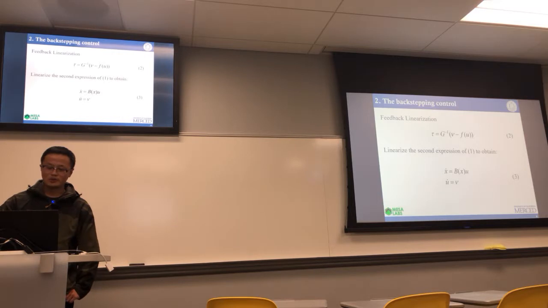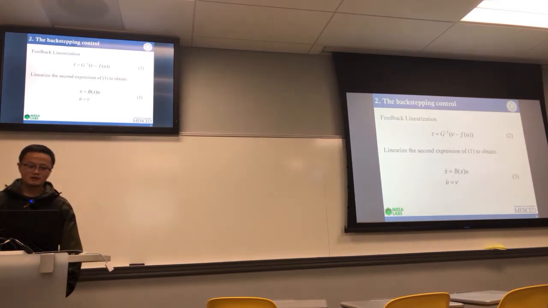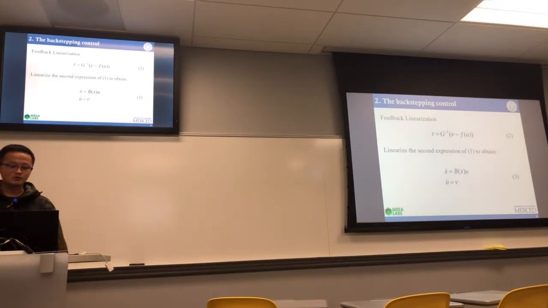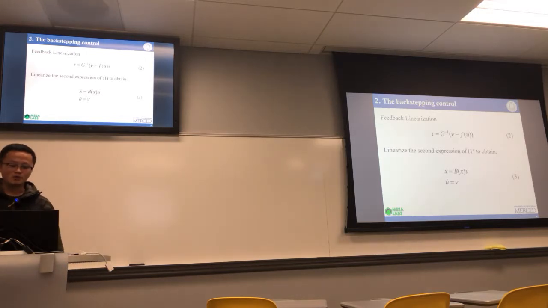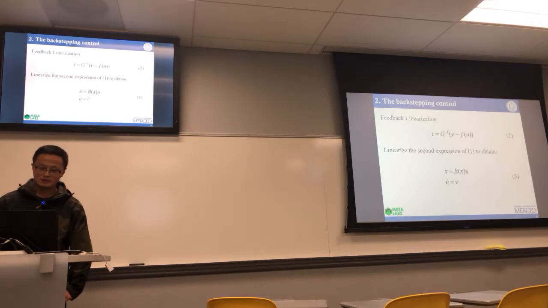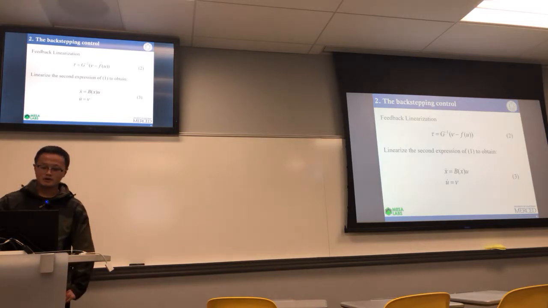Firstly, we can do some feedback linearization, like equation 2, where tau equals this form, and linearize the second expression of 1 to obtain equation 3. Here, the second expression becomes a linear equation.